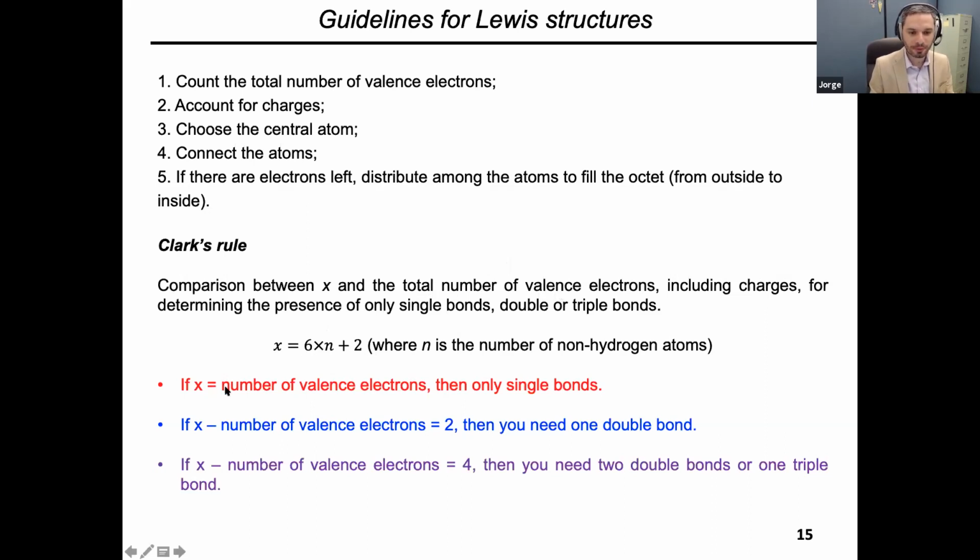And we have 3 possible cases here. If X is equal to the number of valence electrons, we only have single bonds in the compound. If X minus the number of valence electrons is equal to 2, then you have 1 double bond in the compound.